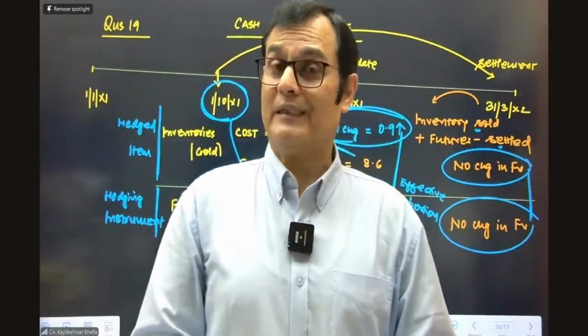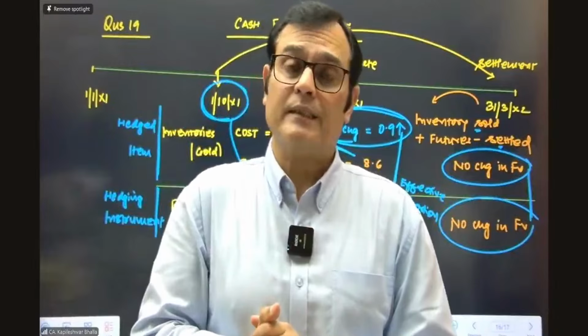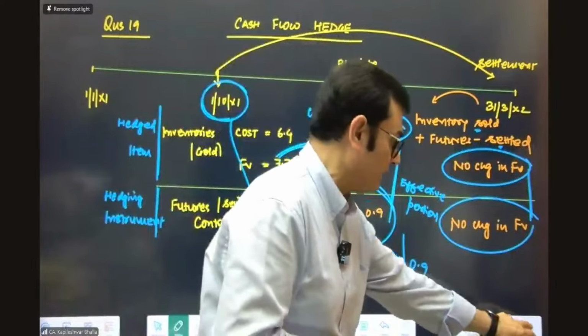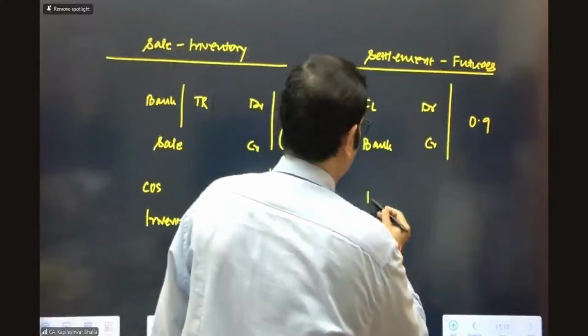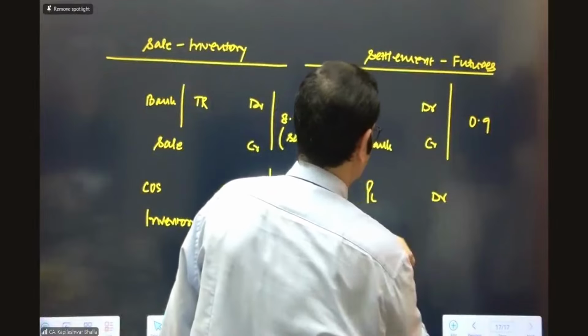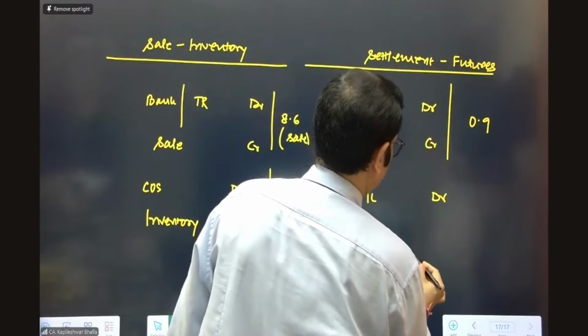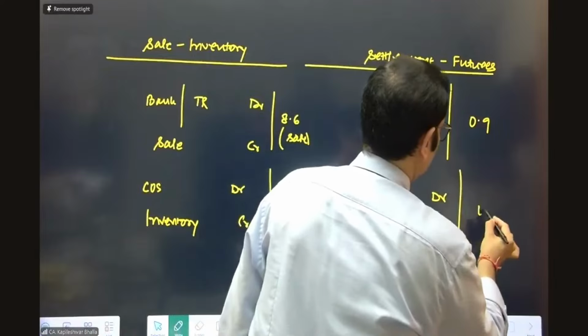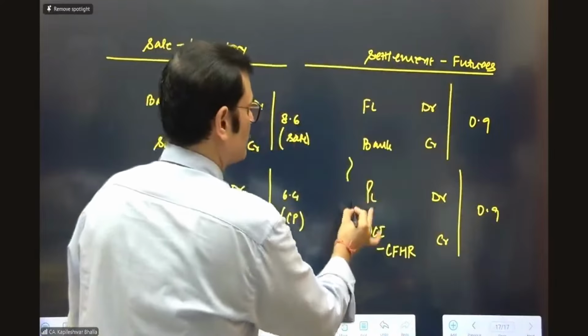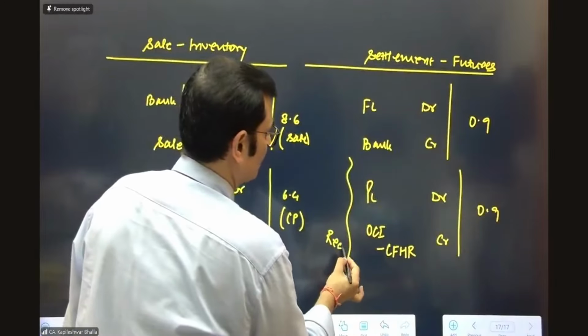Because as and when the hedged item enters the income statement, this amount is also taken in the income statement, recycled in the P&L. So we're going to put the entry profit and loss gets a debit, and the OCI, that is cash flow hedge reserve, gets a credit, and this is to the extent of 0.9. This is a case of recycling.